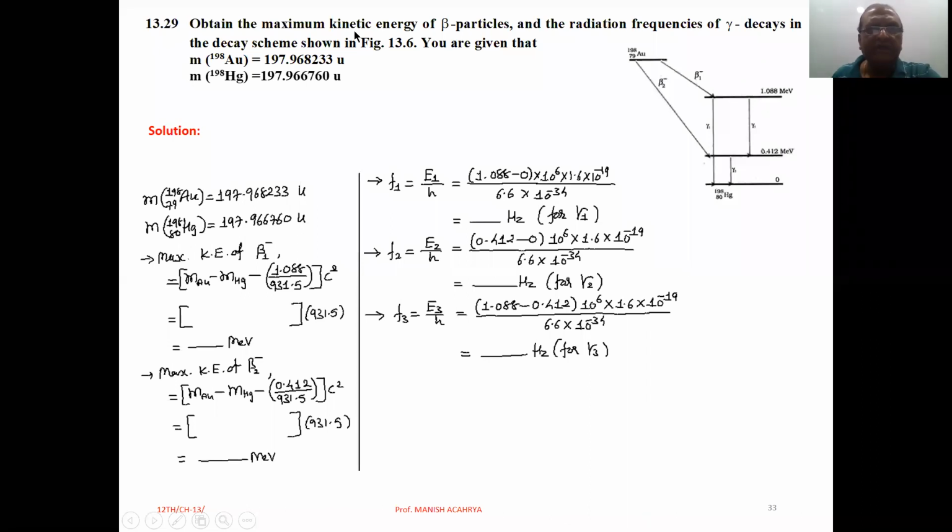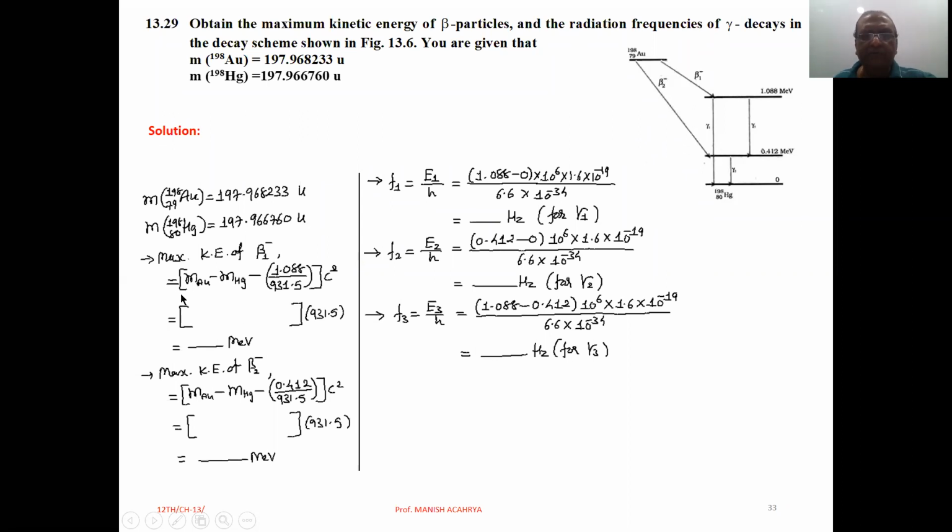13.29. Obtain the maximum kinetic energy of beta particles and the radiation frequencies of gamma decays in the decay scheme shown in the figure. You are given the mass of Au, that is this much u, and the mass of Hg, that is this much u. Okay. Now see, the mass of 79 Au 198 is this much u, the mass of 80 Hg 198 is this much u.